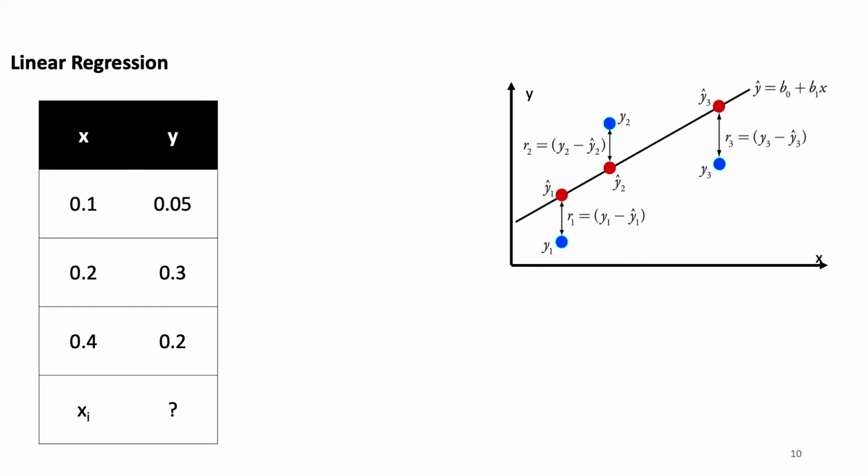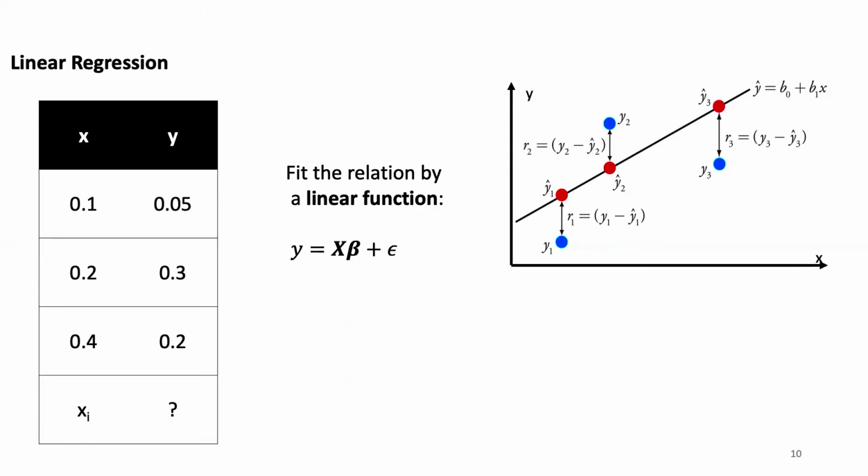So what we can do is try to find a relationship between X and Y. And in linear regression, we make an assumption that Y is a linear function of X. So Y equals X multiplied by coefficient beta plus an error.